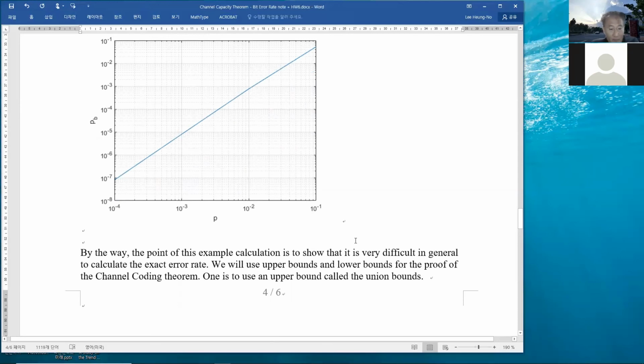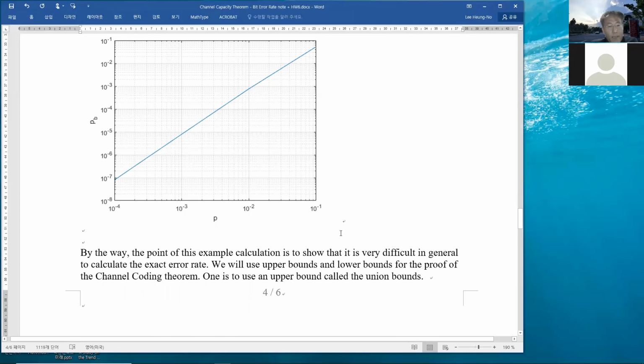Channel coding gain. If you use the channel code, you can provide protection against random errors, and this is how much you can protect, using a length 7 channel code.